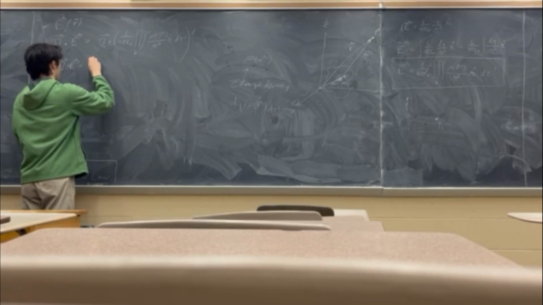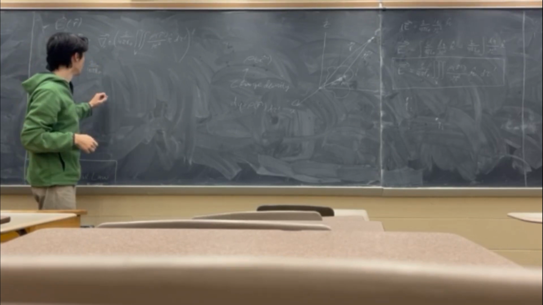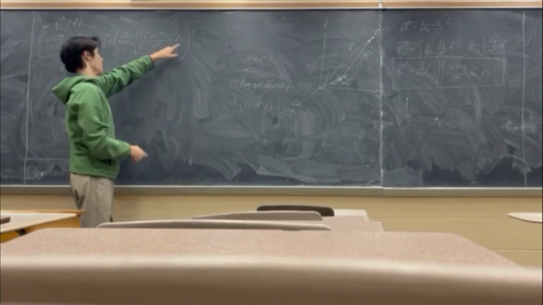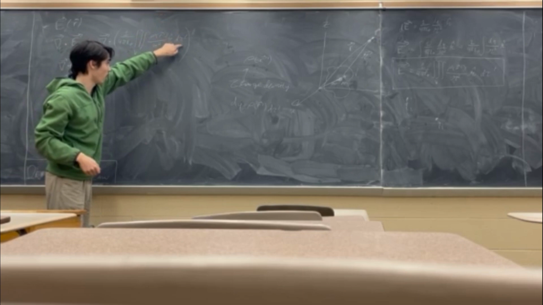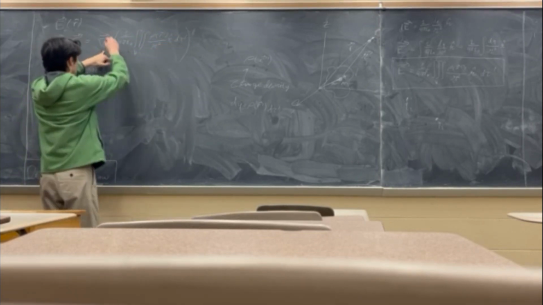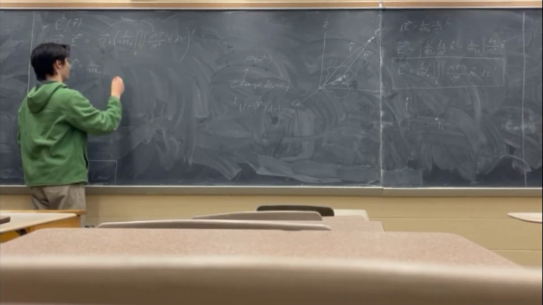So we have this 1 over 4 pi epsilon naught. And now, since this volume integral is over the prime coordinates, and this is a derivative over the r coordinates, we can pull this derivative inside of the volume integral.